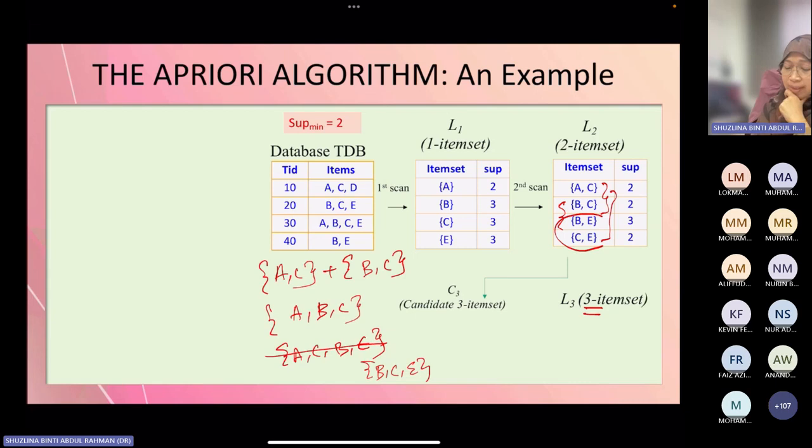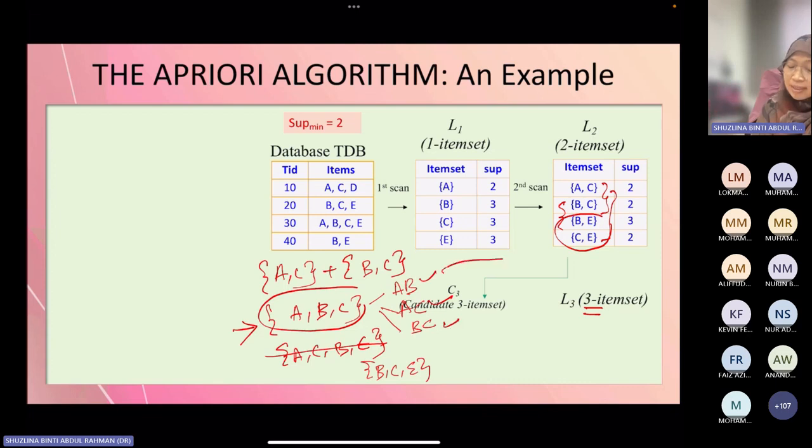In doing this, you have to remember the Apriori principle, which says that a superset should not be generated if its subset is not frequent. So we have to check the subsets. The superset is ABC. What are the subsets of ABC? They could be AB, AC, or BC.